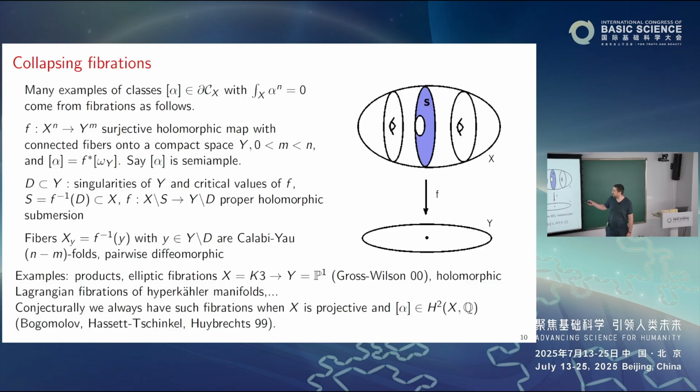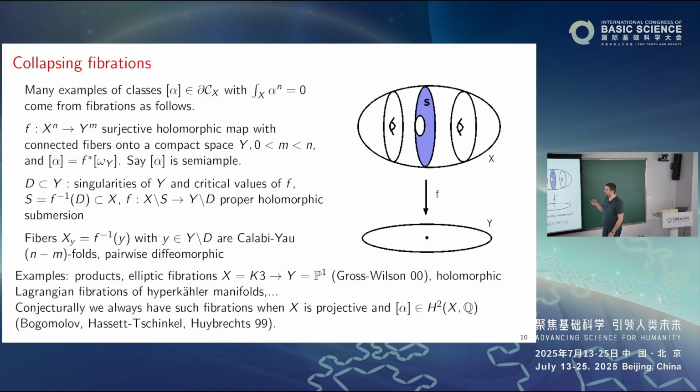Semi-ample means this. And why did I call it a fibration? Because you can take this base Y and collect all the singular points of Y, if any, and also all the critical values of this map, call this D, the discriminant locus. It's a closed analytic subvariety. Take the pre-image S, called the singular fibers.